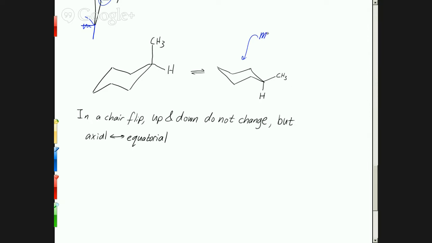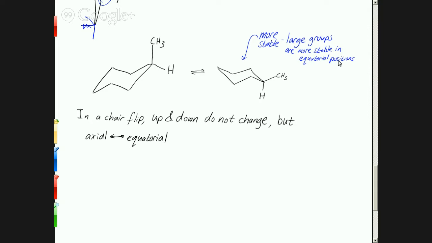So this one is more stable. Large groups are more stable in equatorial position because it gets them out.